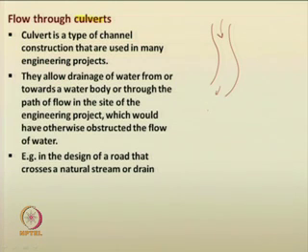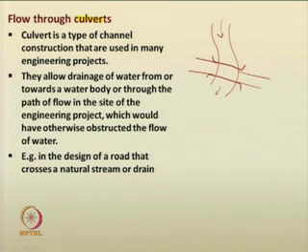Such engineering structures are built across the natural drainages or even the man-made drainages, so as to avoid blocking of the drainages. If the drainage is like this, and if we construct a culvert of this form, then you can easily allow a road to be built across this drainage.